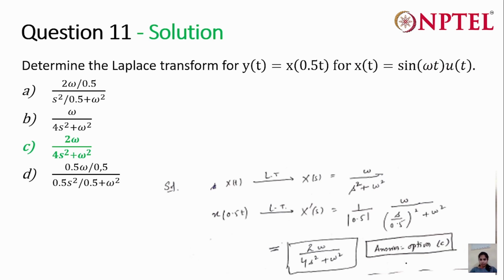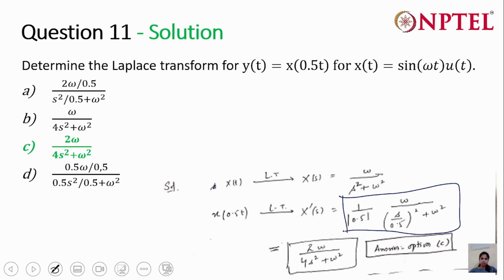So x of 0.5 into t, what does it translate to? 1 by mod of a, x of s by a. So instead of s, you have s by 0.5. So it is 1 by 0.5, which is 2, and then omega by s by 0.5 the whole square plus omega square.